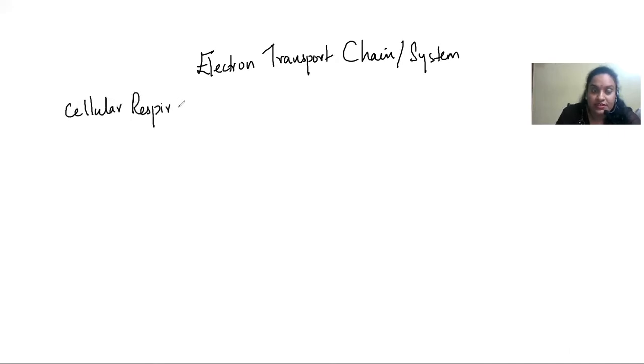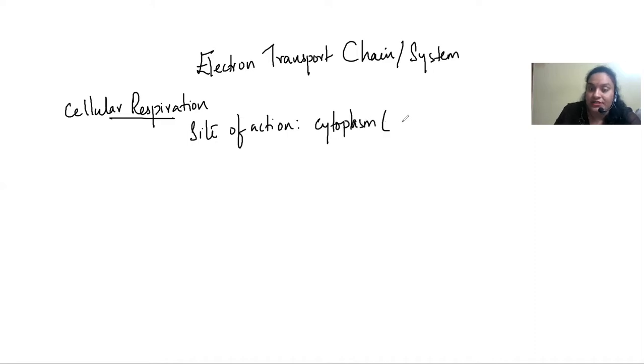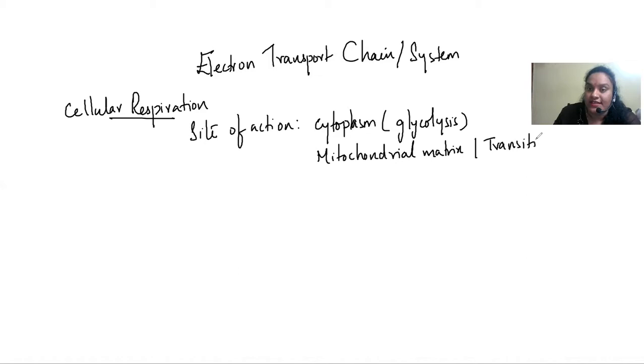Just remember that I told you about where cellular respiration happens. Where is the site of action? It starts in the cell cytoplasm, where we see a series of reactions called glycolysis, and it happens even in the mitochondrial matrix, which is going to be the transition phase.